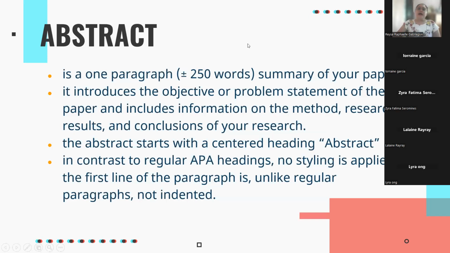Okay? And then the abstract is a one-paragraph summary of your paper. It should really be only one paragraph, plus or minus 250 words. What should you put in your abstract?